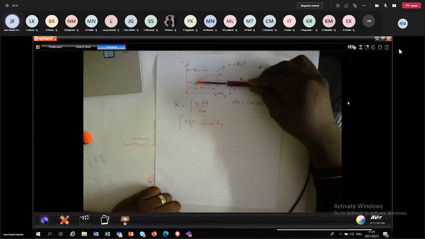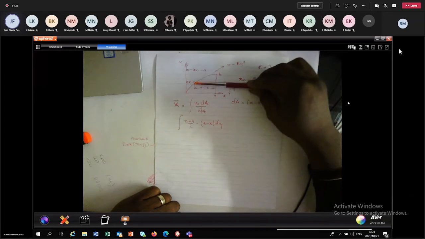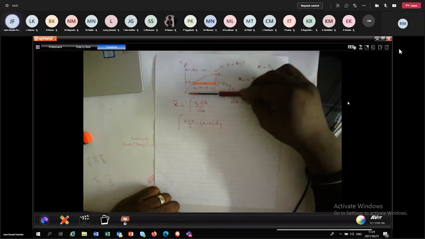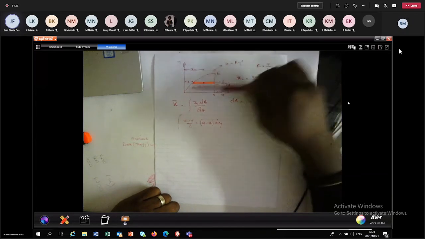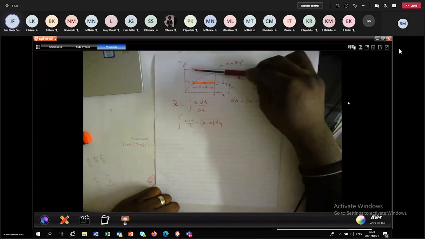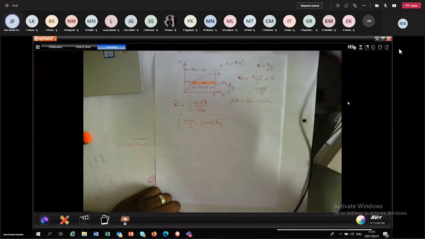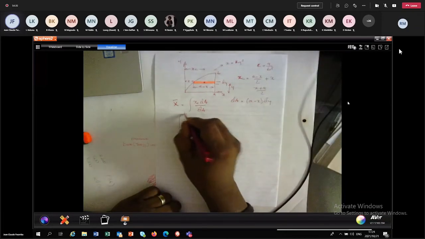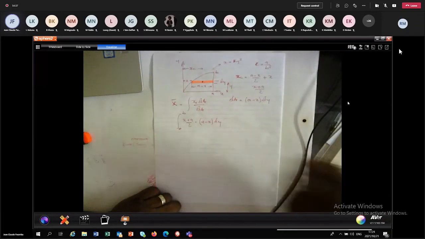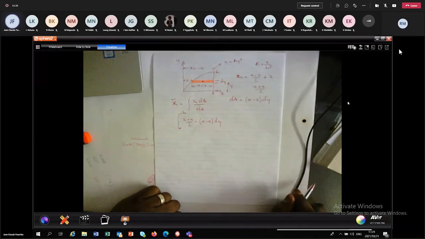If my stripe is horizontal, in order for me to fill up the entire area, that stripe has to go from the bottom up to b, from 0 up to b, because my b is the maximum there. Those are the limits I need to work with, right?